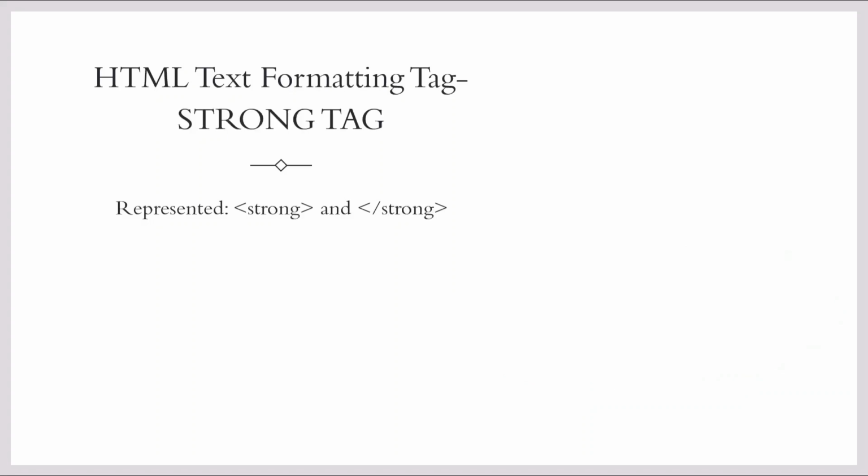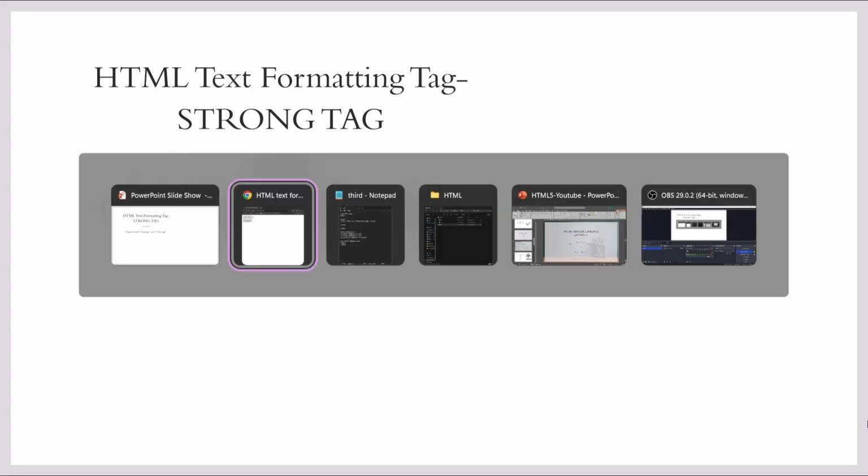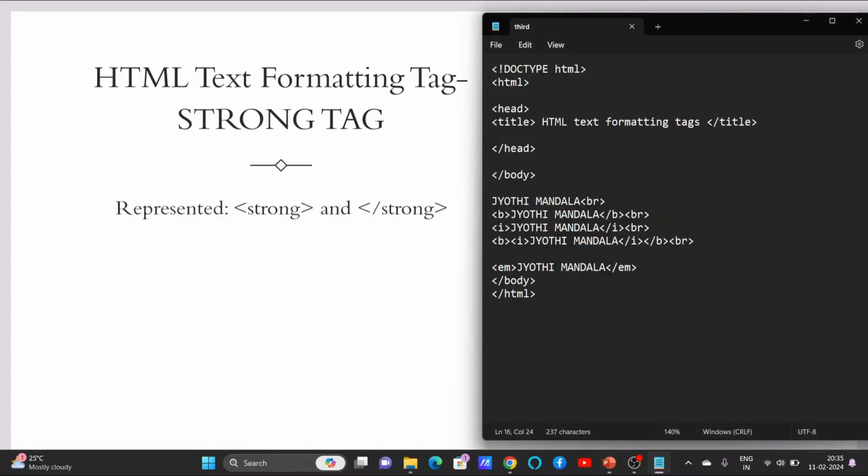Next is the strong tag, which is represented as strong opening and closing tag. While the EM tag emphasizes text by default, the strong tag signifies stronger importance and is typically displayed as bold. Let's see the example. I'm taking the same text.